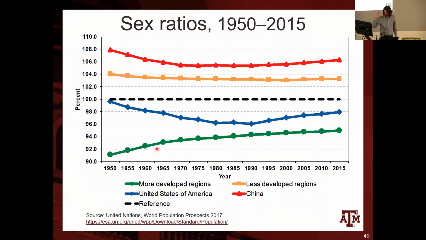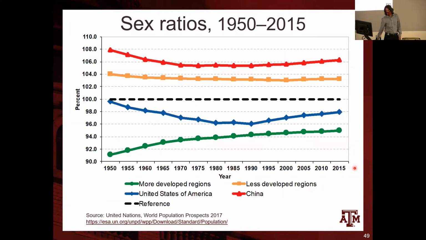And some examples, we have this graph I showed to you before, I think in our first lecture. We have data for more developed regions in green, United States in blue, less developed regions in orange, and then China in red between 1950 and 2015.